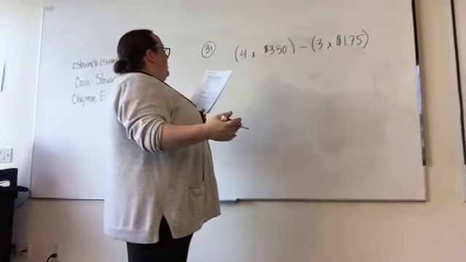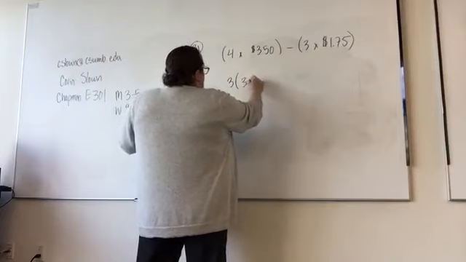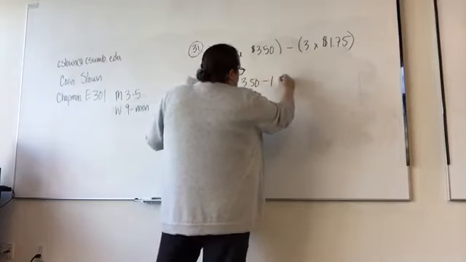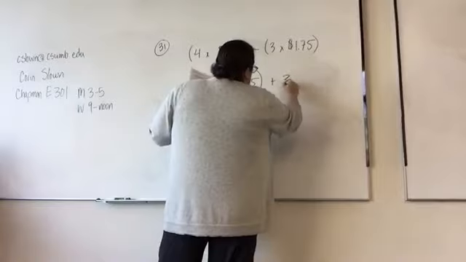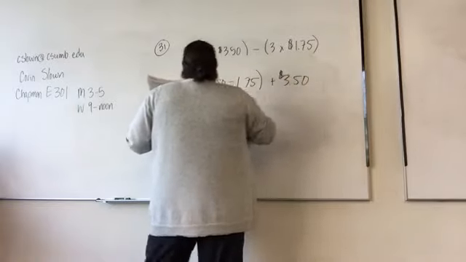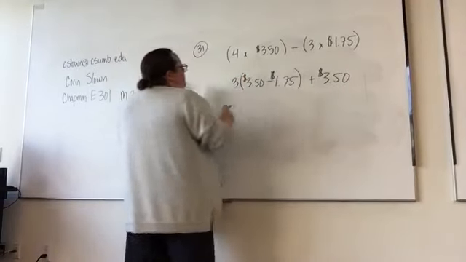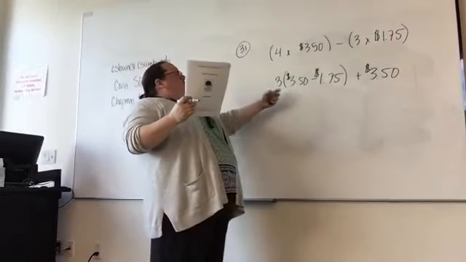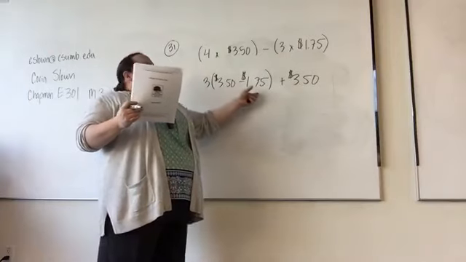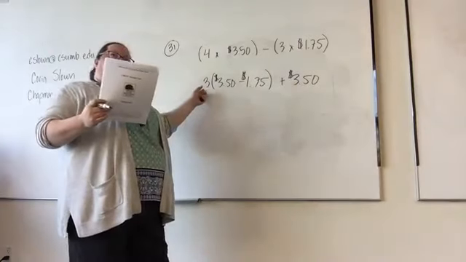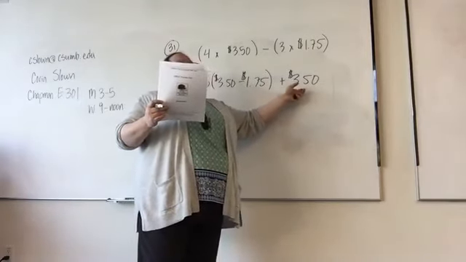In this case, the equivalence could be this, because this is the same information as the way it's represented in the problem above. So notice, right, here is the difference in cost for 3 notebooks. So 350 minus 175 times 3, plus the additional 4th notebook that was worth $3.50.